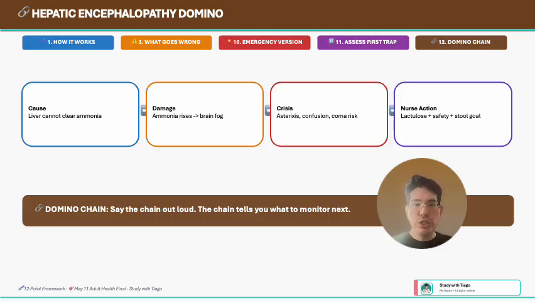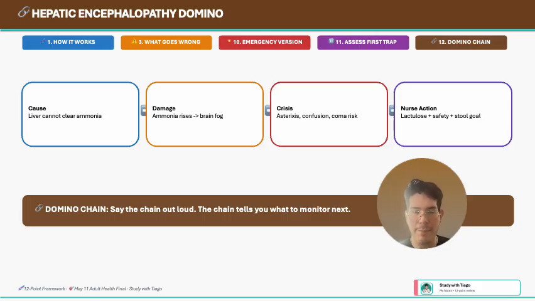The nursing response is to trend mental status, reduce fall risk, monitor airway risk if consciousness drops, give lactulose as ordered, monitor stool goal, monitor hydration and electrolytes, and evaluate whether mental status improves.